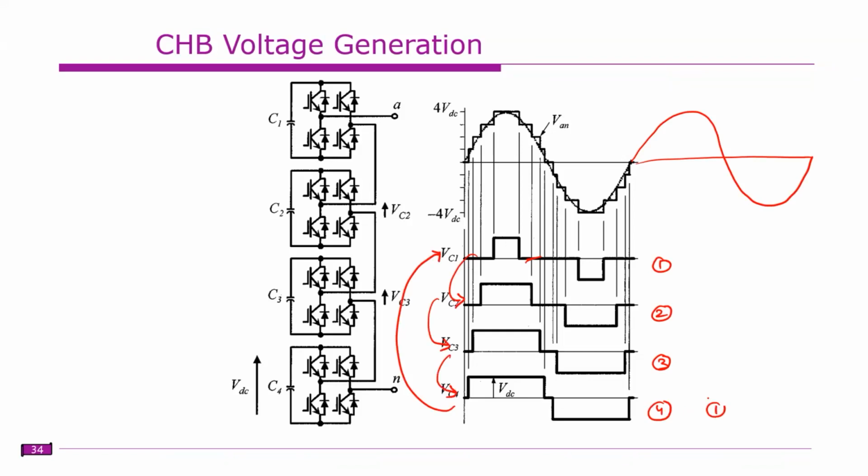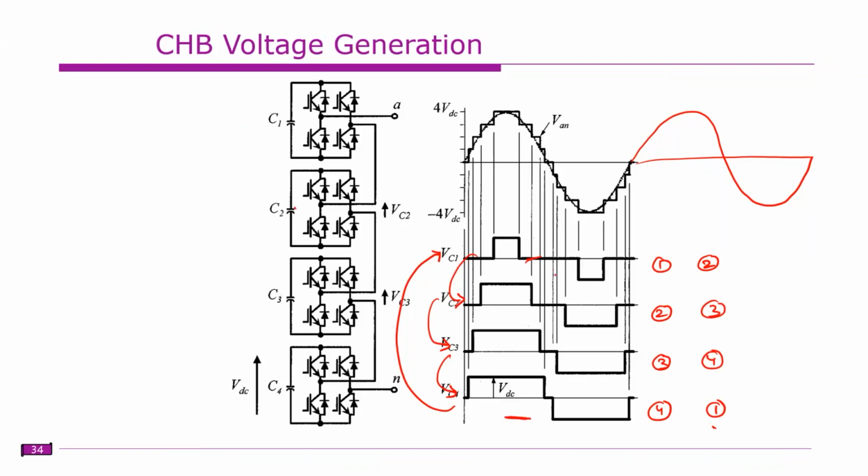So this is the first, this is the second, this is the third, and this is the fourth one. Now the first one is producing this kind of waveform, and the second one is producing this kind of thing. That means we are swapping the operation.